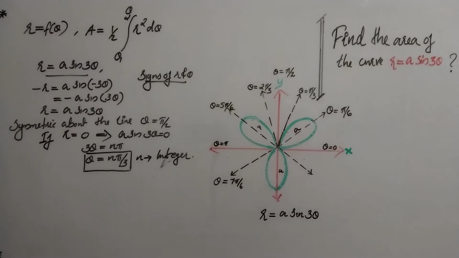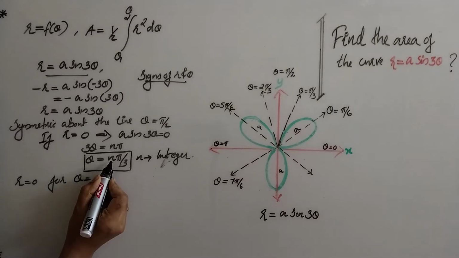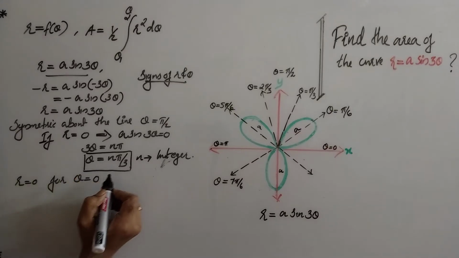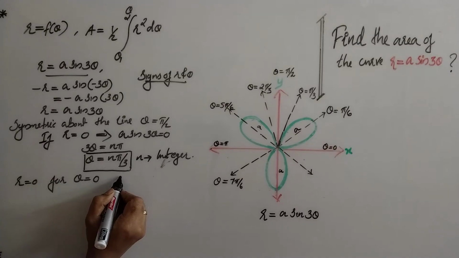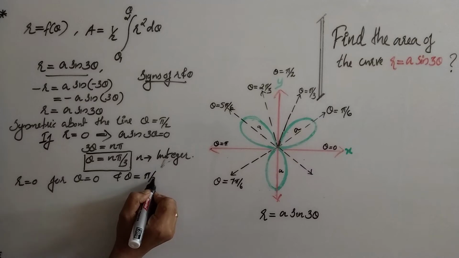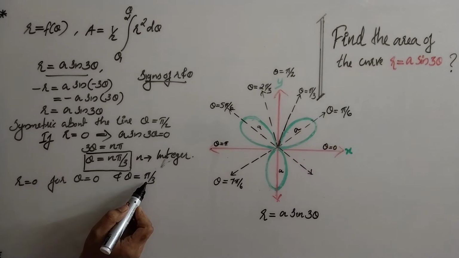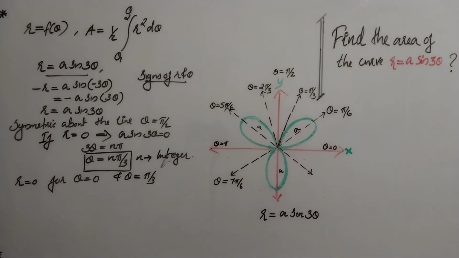And in particular, r is equal to 0 for theta is equal to 0. That is, n is equal to 0, value of theta is 0. And when n equal to 1, theta is pi by 3. So r is equal to 0 for theta is equal to 0 and theta is equal to pi by 3.